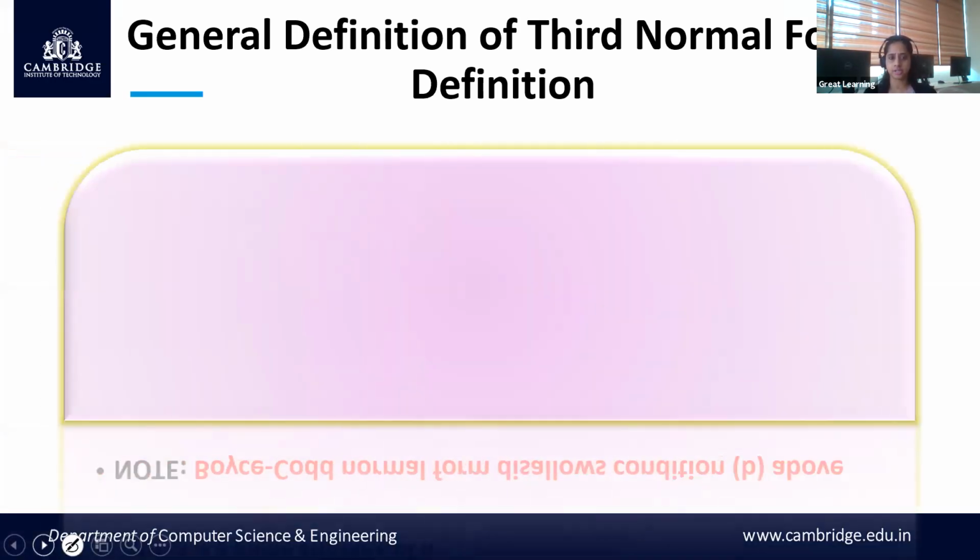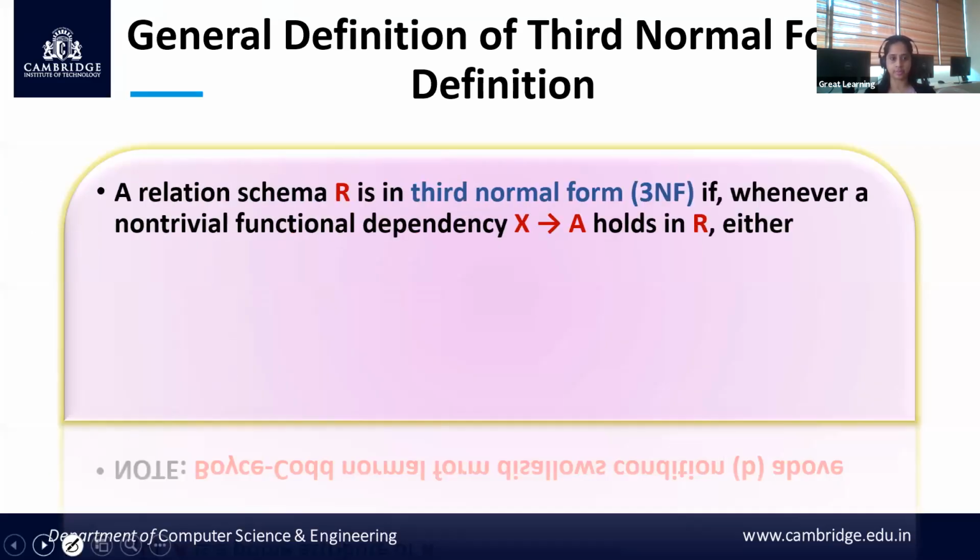Let's see the general definition. It will be better always, instead of keeping the original definition to solve the problem, to remember this one, which is very easy to solve with and remember.